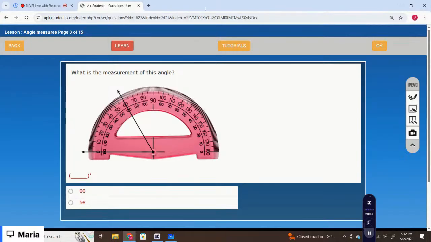What is the measurement of this angle? Option number one is the option that is 60 degrees.